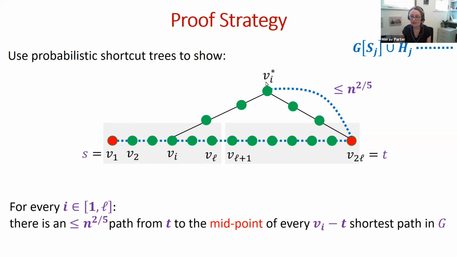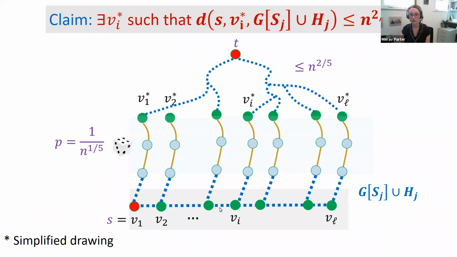and we can show that with high probability, the distance between Vi star to T in this augmented graph is at most n to the 2 over 5. Okay, so this is what we can show. For every vertex on the first half, there is a good shortcut to the middle vertex on the G shortest path between Vi and T. Okay, so at this point, we are in this situation.